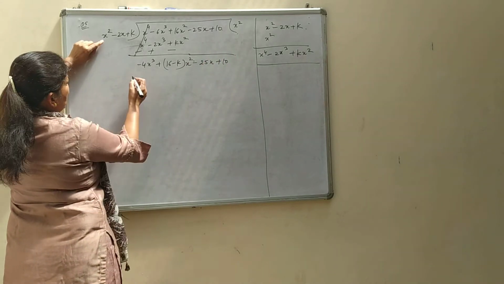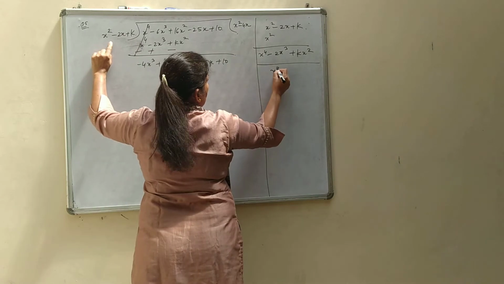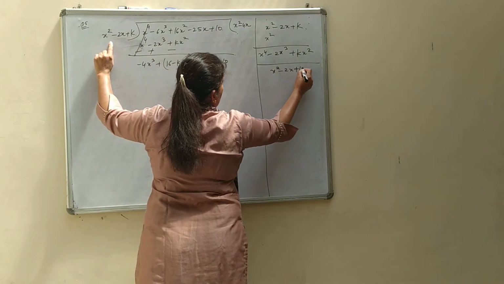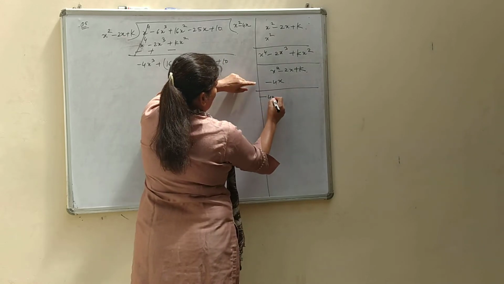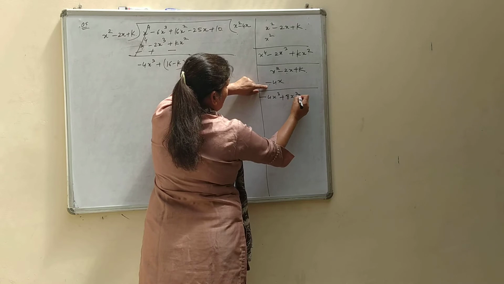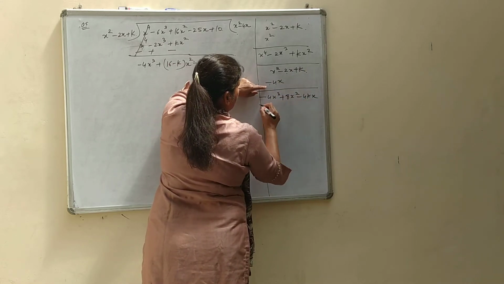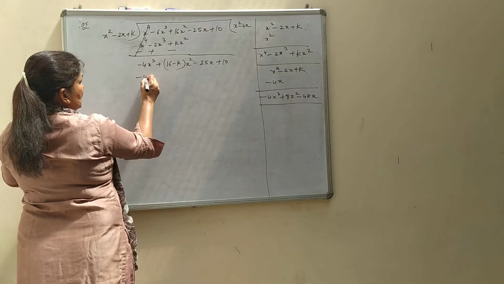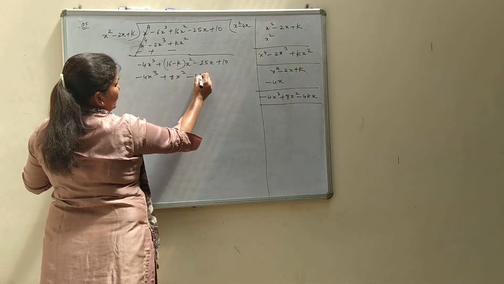Now we will multiply it by minus 4x. x square minus 2x plus k is multiplied by minus 4x. Minus 4x cube, minus 4 into minus 2, plus 8x square. Minus 4x into k, minus 4kx. Minus 4x cube plus 8x square minus 4kx.